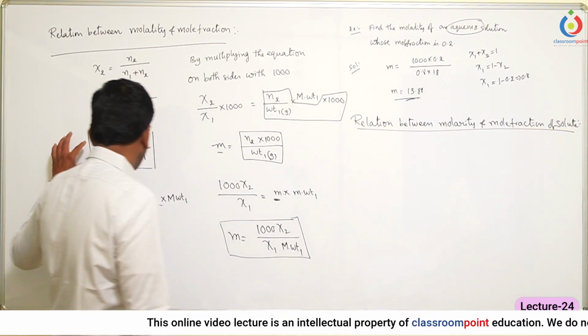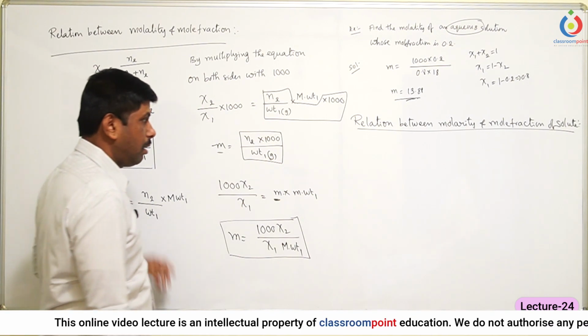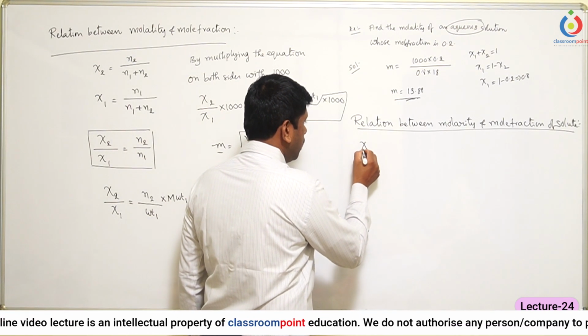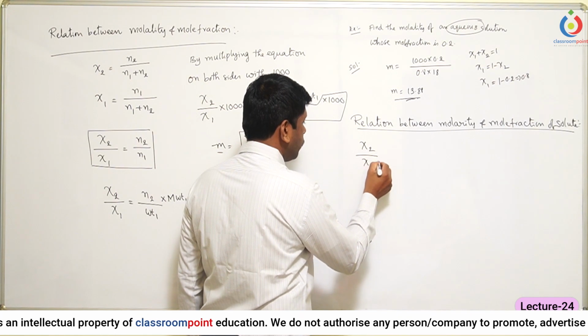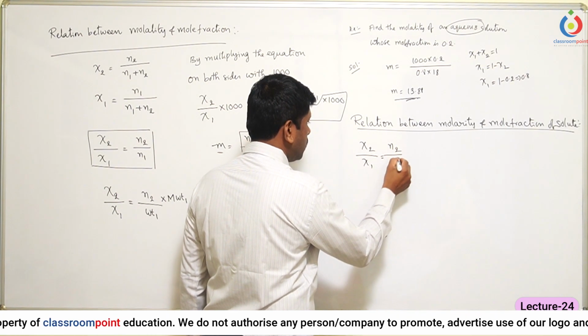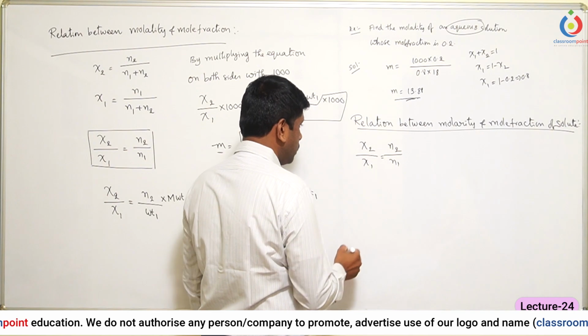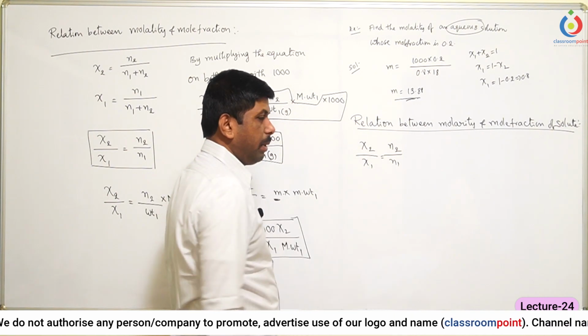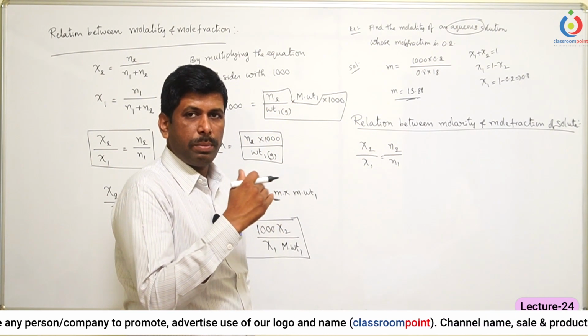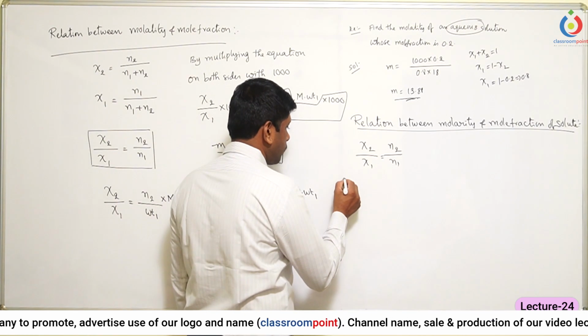Similarly, from this term onwards we shall begin with the same relation, which I will take here: x2 by x1 equals the number of moles of solute by the number of moles of the solvent. Now multiply both sides with 1000 by the volume of the solution.